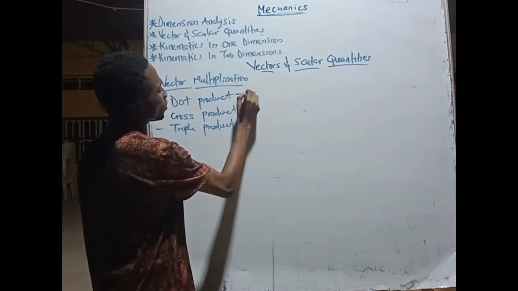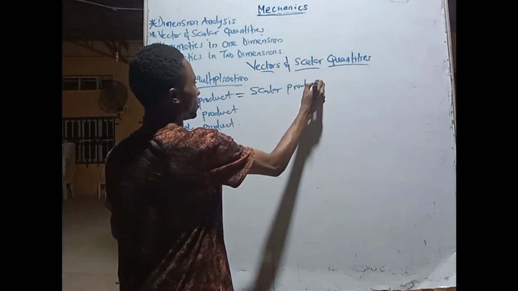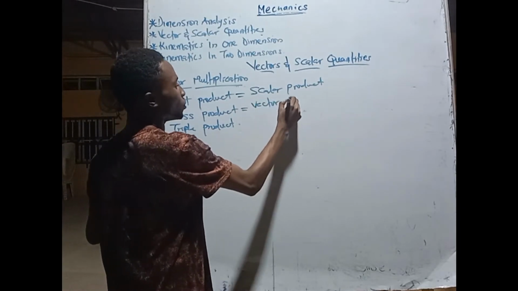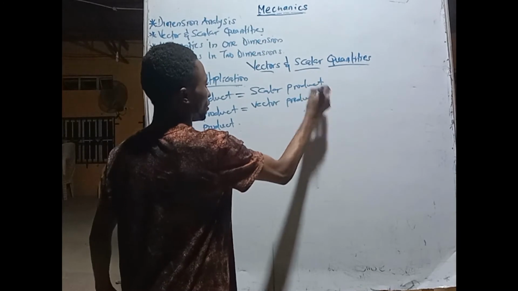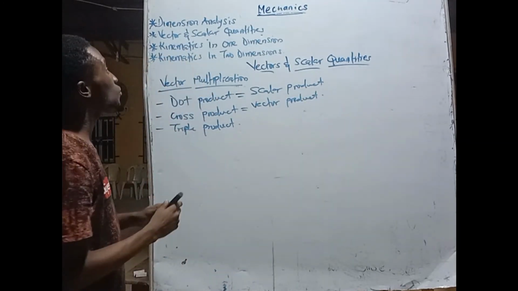Dot product is also termed the scalar product. Note that. And cross product is also termed the vector product. We'll be taking them one after the other, and I want you to follow through.